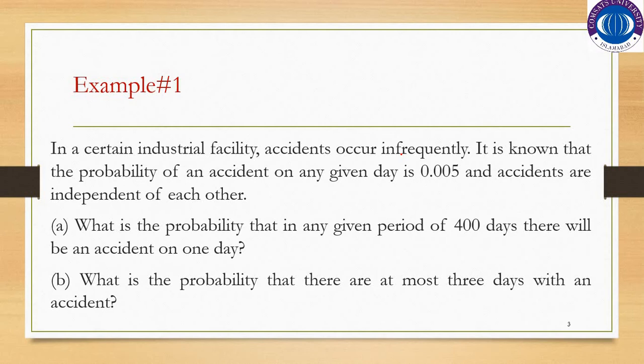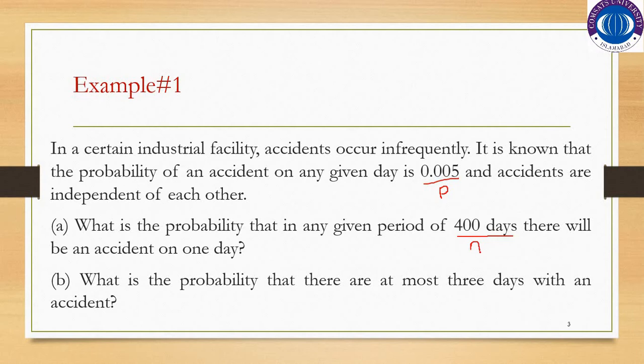The probability of success is 0.005, as we are interested in the probability of an accident on one day, and an accident on any given day's probability is 0.005. So this is the probability of success, and as they are studying the period of time, which is 400 days, this is the number of trials.